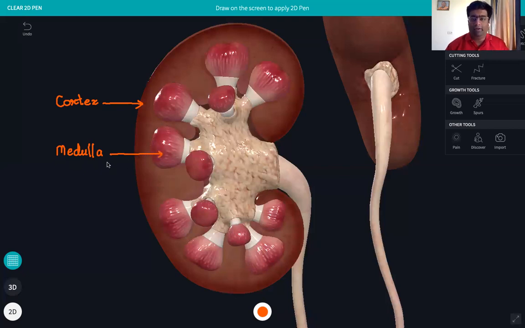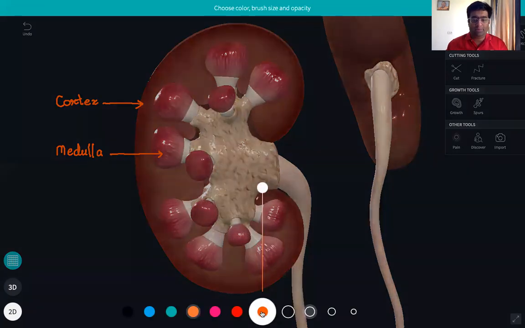The outer region cortex is dark and granular. Granular means it appears dotted. And the inner region is light and striated. The striations are arranged in a conical fashion. Those conical striations are called the renal pyramids because they are somewhat conical in structure.